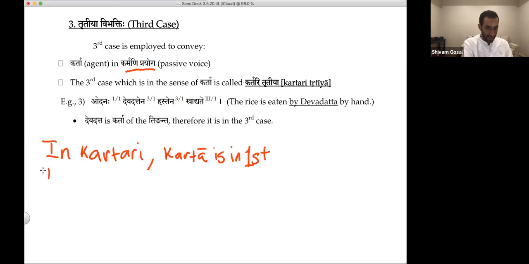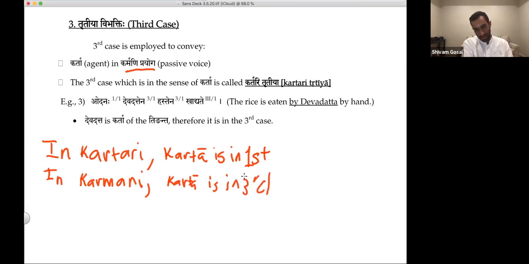But in karmani prayoga, karta is in third case. This is the doer in karmani prayoga, in third case.